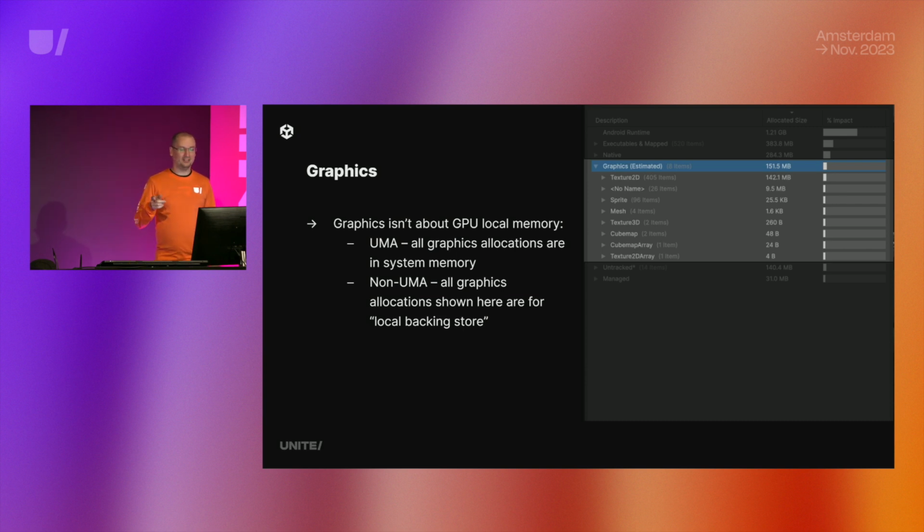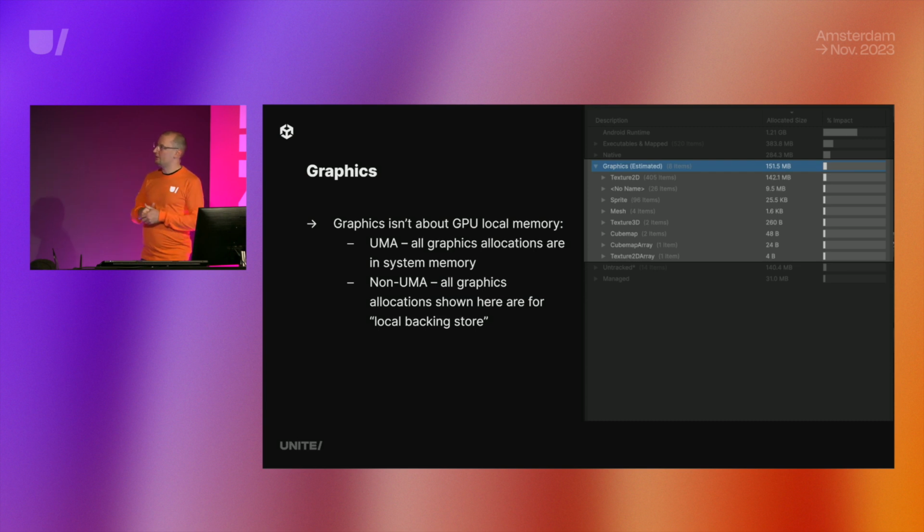And that's the thing. Graphics isn't about GPU local memory. It's about what's actually in your system memory. And it's not about this infamous read-write enabled flag. So just, again, a bit of the theory. Why is that? There are two common memory architectures when it comes to platforms we work on.